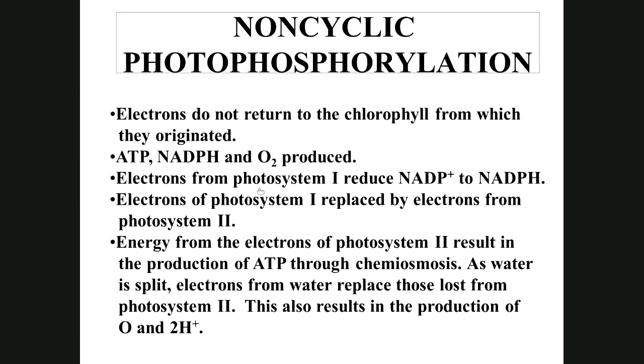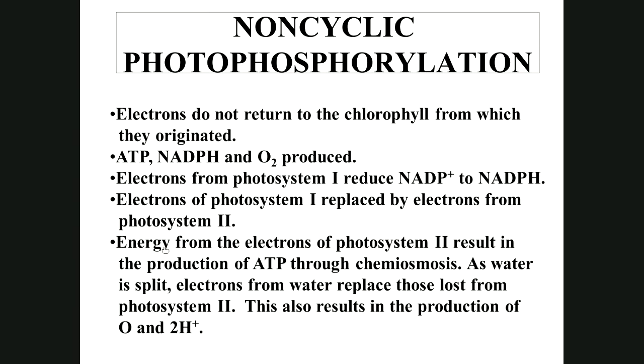Electrons from photosystem 1 reduce NADP to NADPH plus H. Electrons of photosystem 1 are replaced by electrons from photosystem 2. That's how it keeps getting its new electrons.